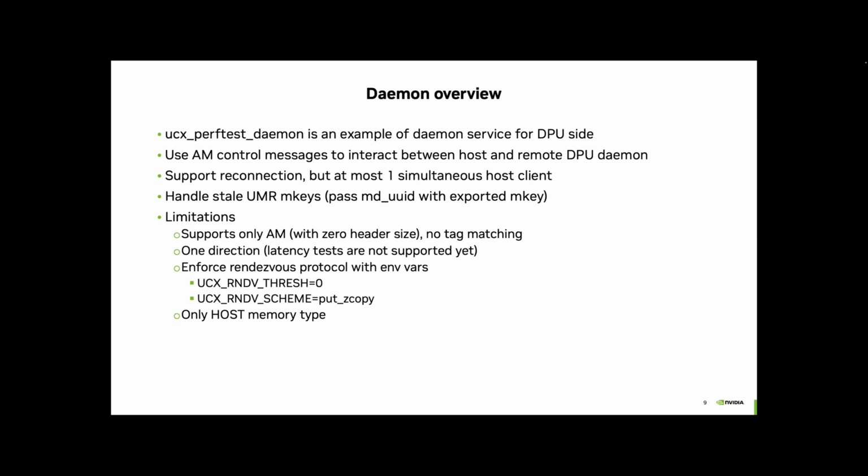Currently communication pattern is unidirectional. And for this reason, latency tests are not yet supported. And we still need to enforce rendezvous protocol with environment variables that I list here. And currently, of course, it works only with host memory type.